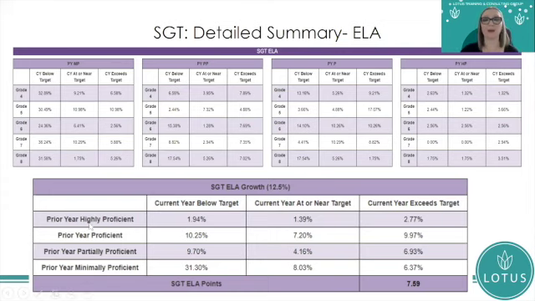The amount of weighted points you get is identical to SGP, and you look at it in a very similar way. So minimally proficient students who exceed their targets are going to earn you the most points towards your letter grade. And kiddos who are below their target don't earn you any points.